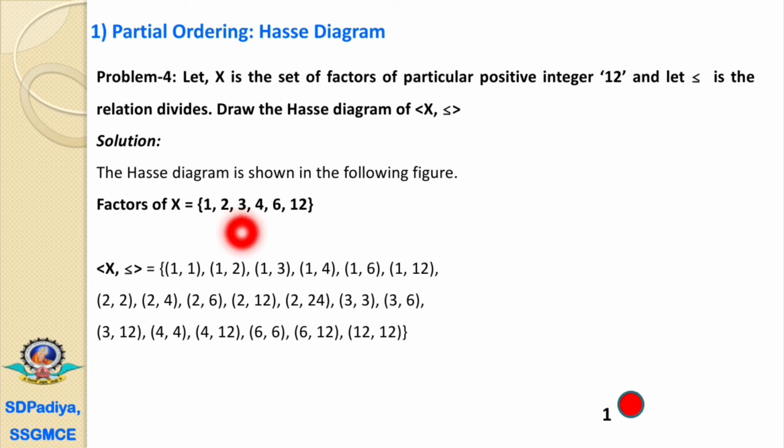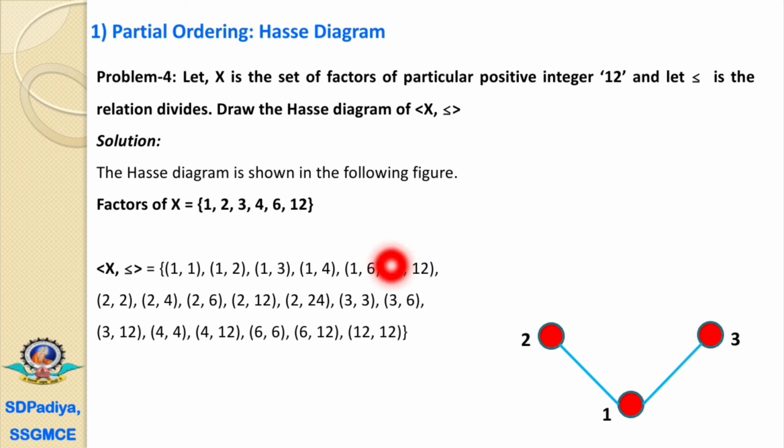That's why at the next level there will be 2 elements, one is 2 and second is 3. 1 has a relation with 2, so we connect 1 with 2, and 1 has a direct relation with 3, so we connect 1 with 3. 2 and 3 do not have a relation; 2 does not divide 3. That's why we draw 2 and 3 in the same line and do not connect them.